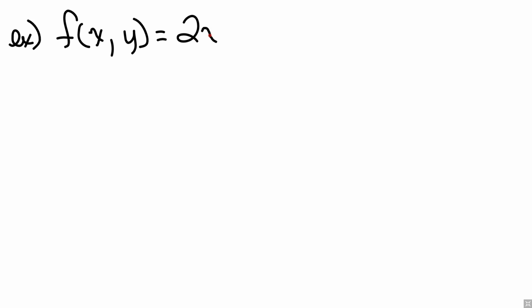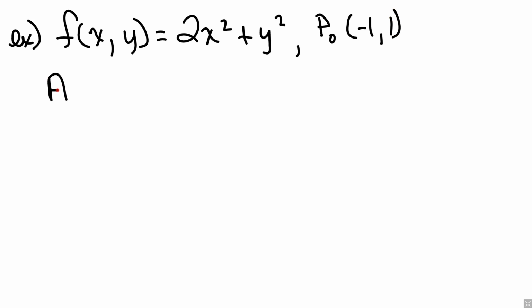In this example, f of x, y is equal to 2x squared plus y squared. The point p sub 0 is defined as negative 1, 1. And the vector a is defined as 3 in the I direction minus 4 in the j direction.